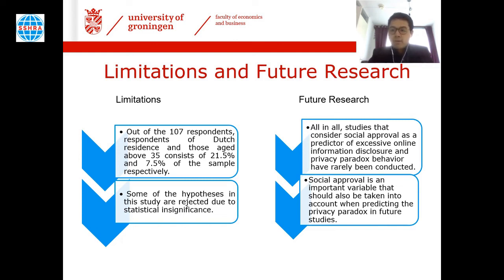If the privacy paradox issue is to be taken seriously in the future, then studies such as these are hoped to play a part in raising awareness about the issue by contributing to our incremental understanding of the subject.